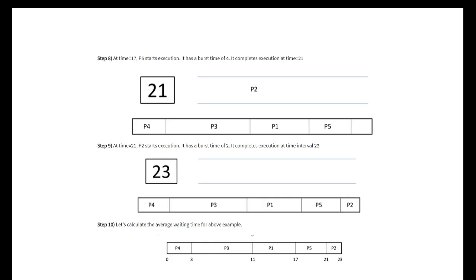So at time 17, P5 starts execution and it has a burst time of 4. It completes execution at time 21.